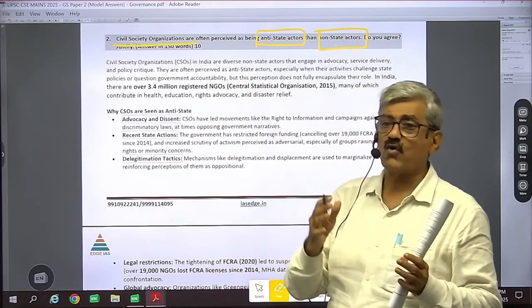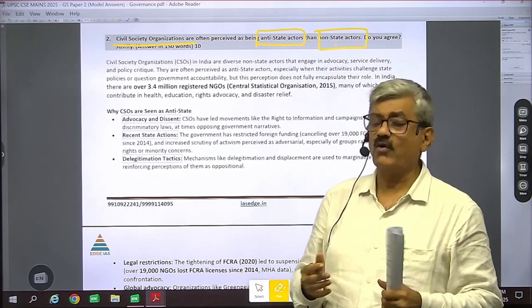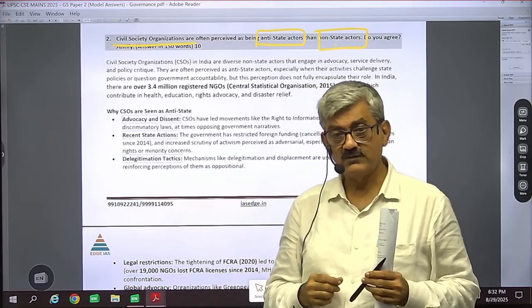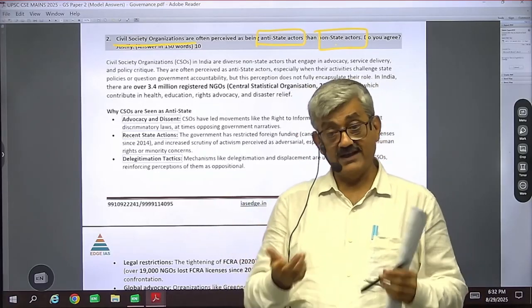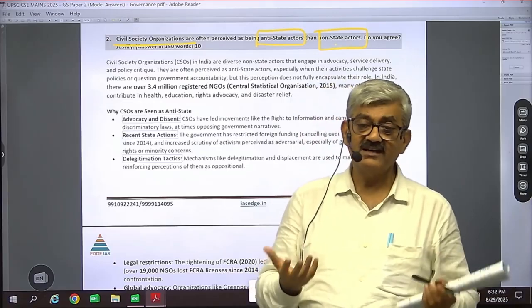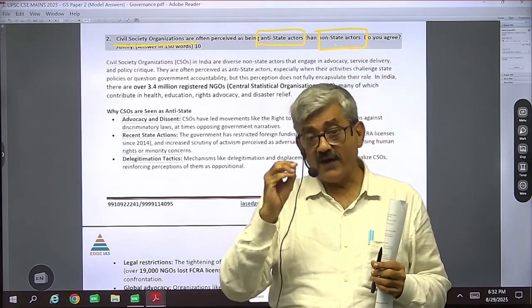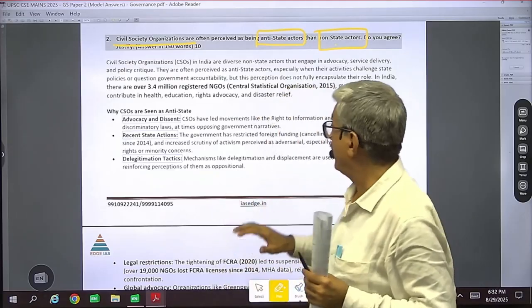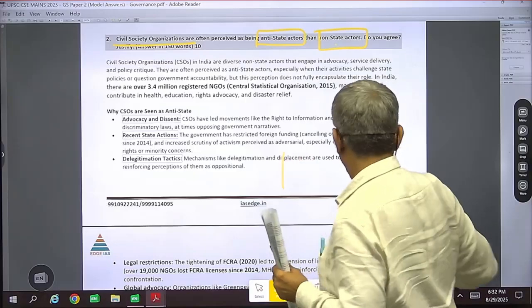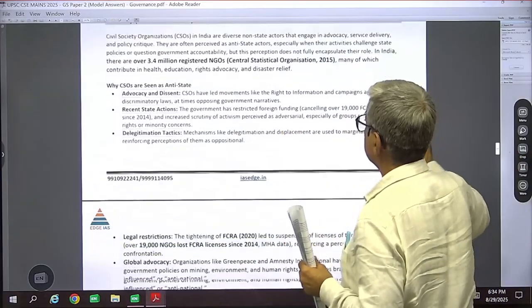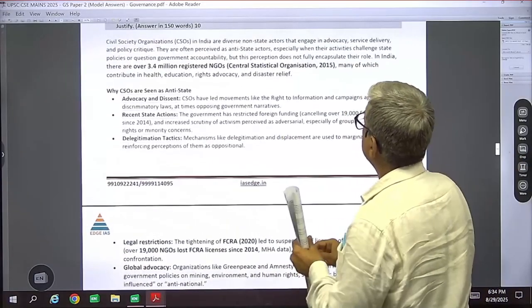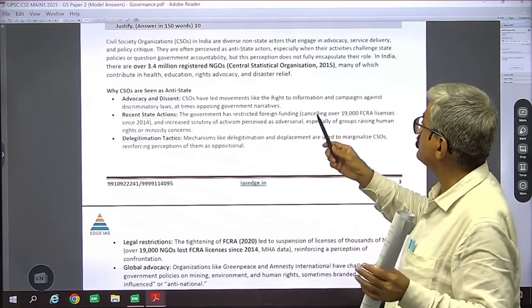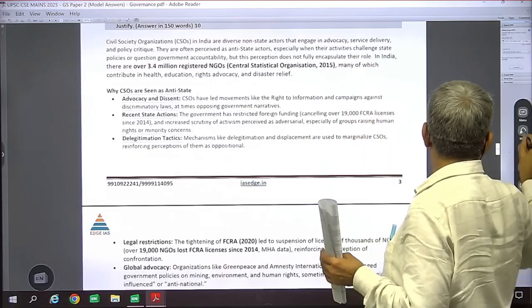But yes, there is a concept that sometimes and on many occasions they also act as anti-state. Is it true? Should it be allowed? Is it a fact? What do you think? These are the question points which need to be addressed in our answer. So again, the main functions of civil society organizations: advocacy, service delivery.